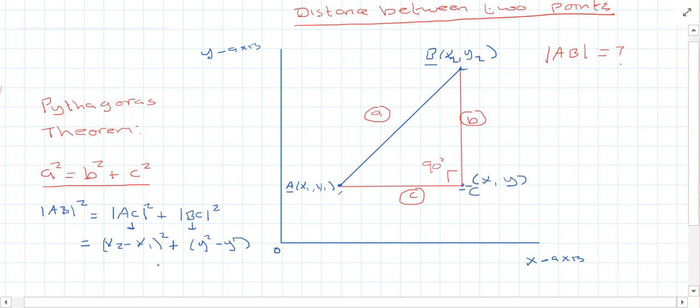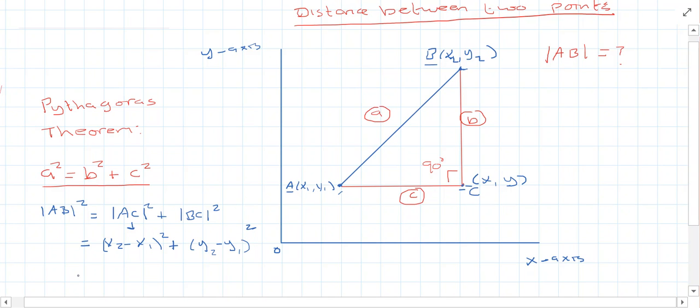And this is squared as well. So this is x2 minus x1 squared plus y2 minus y1, and this is all squared.